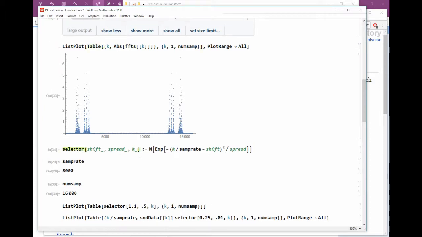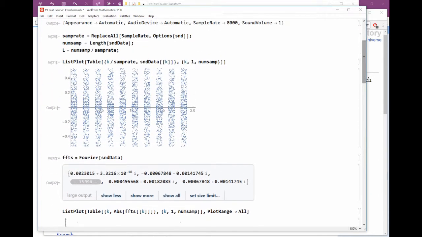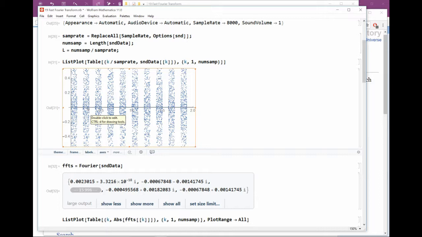By the way, I made the selector work in seconds, and if I want to select the second digit, then I probably need to select things that are very close to 0.25.